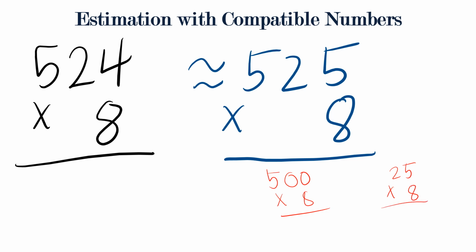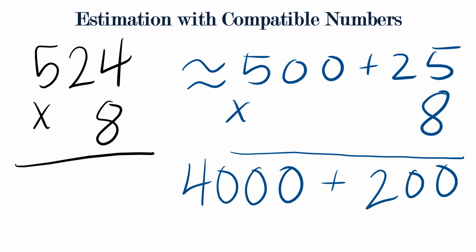If they have worked with money in the past, then they might be comfortable doing something like 25 times 8 from counting up quarters. But to me, I feel like the 5 could potentially throw some students off. So compatible numbers are defined to be anything that ends in a 0 or a 5, but you might want to think carefully about what you're considering a compatible number in your classroom.